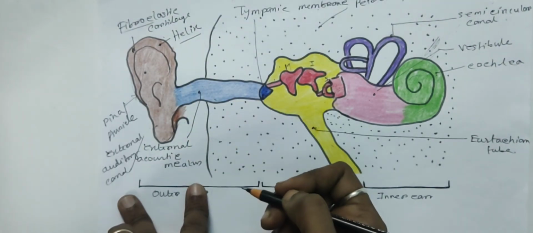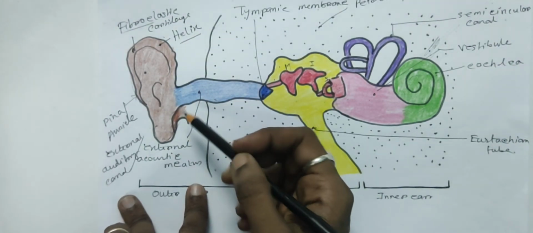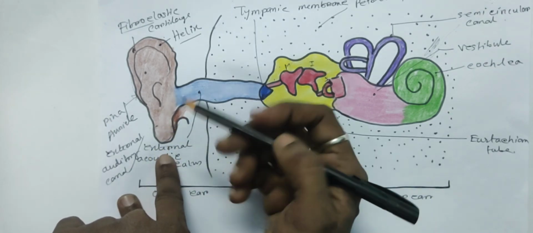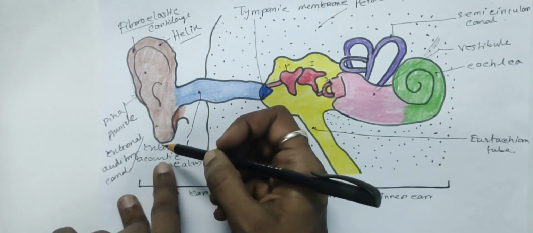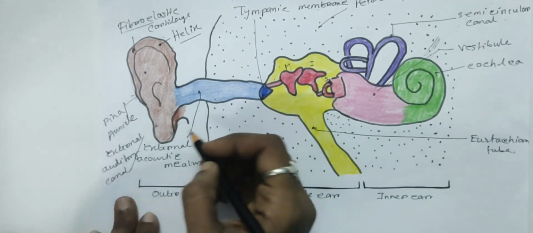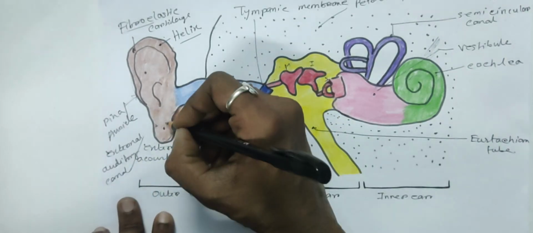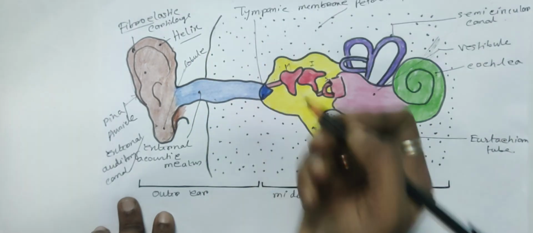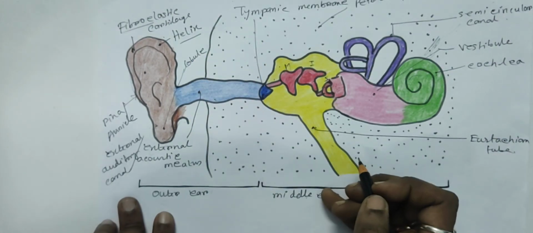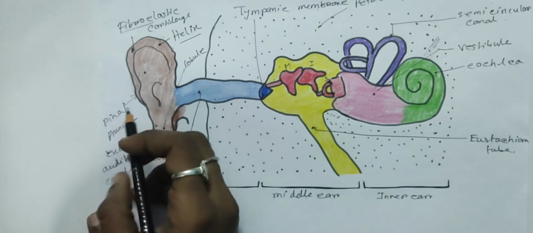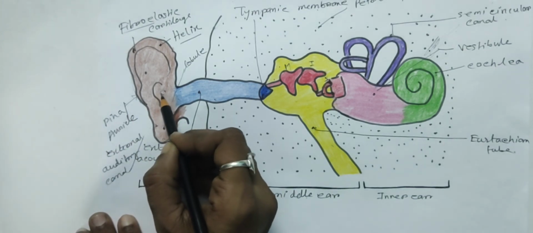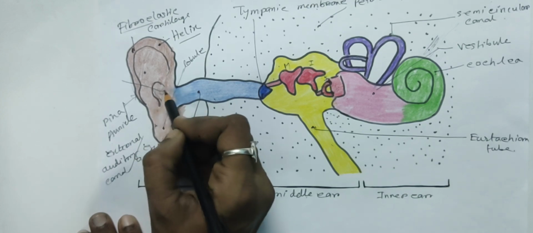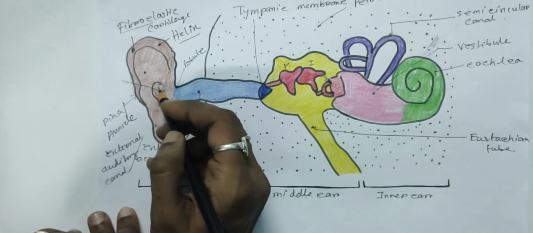And at the bottom there is the adipose tissue containing part. This is called the lobule. In the middle, a depression is there at the center. This part is called the concha.